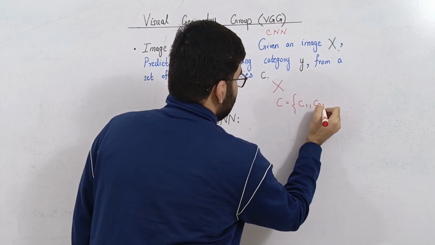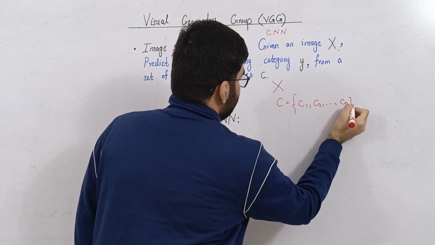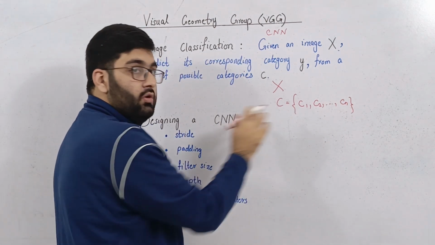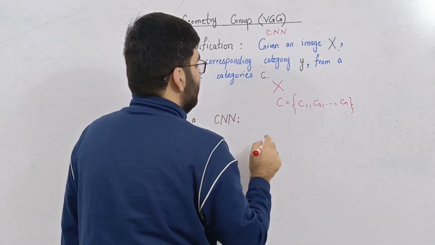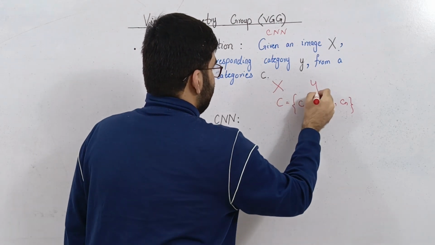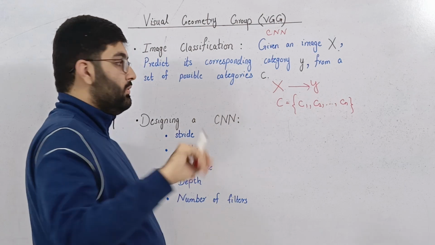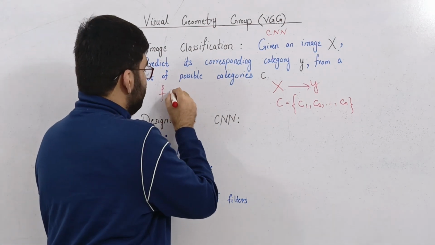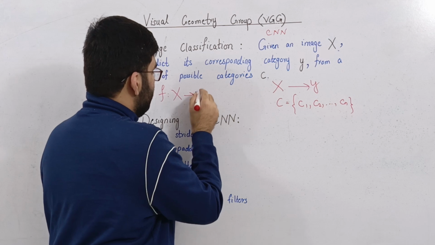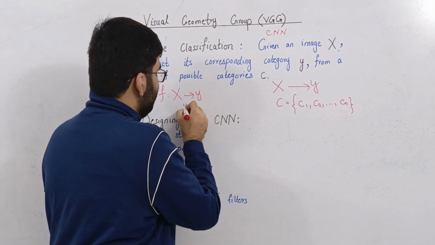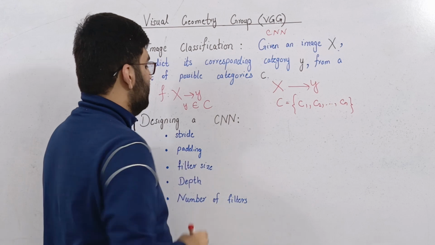Let them be C1, C2 to Cn. We have to assign one of these categories to X and that is labeled as Y. Mathematically, image classification is a rule from X to Y such that Y belongs to C.